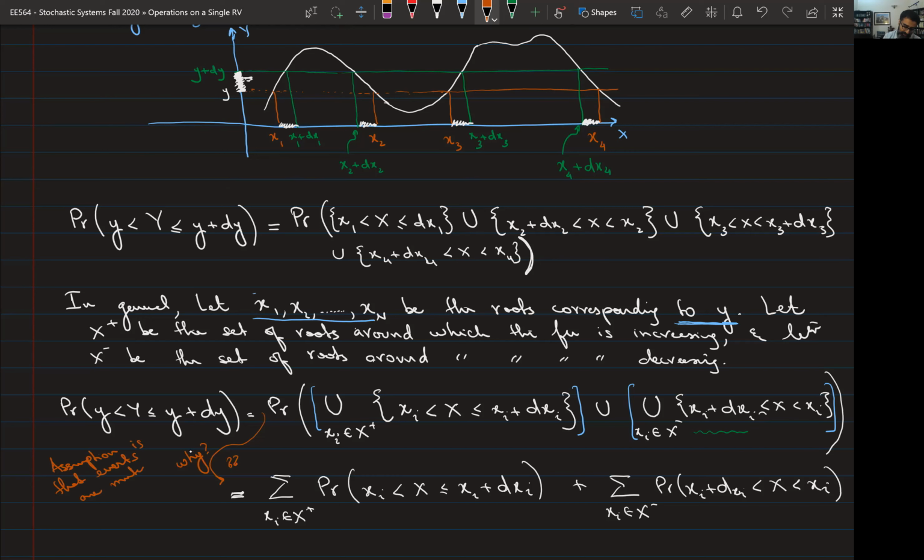Unless dy is very, very small. So if dy is very, very small, and ultimately we're going to work with the limits, then these intervals indeed are going to be mutually exclusive. There's going to be no overlap because the intervals are very, very small. The roots are unique, so they don't overlap.